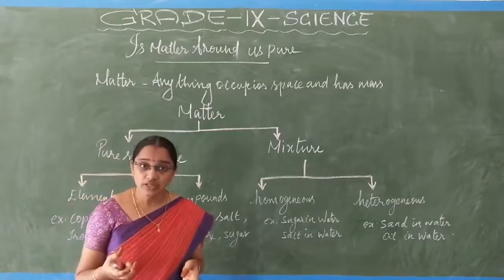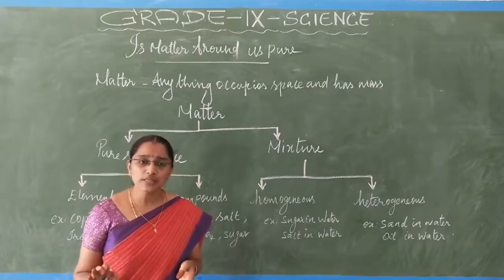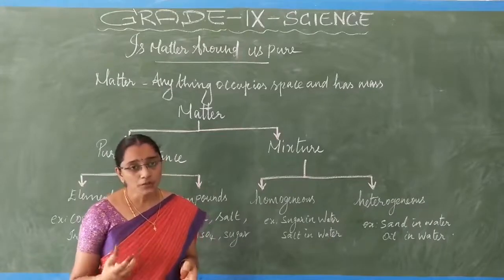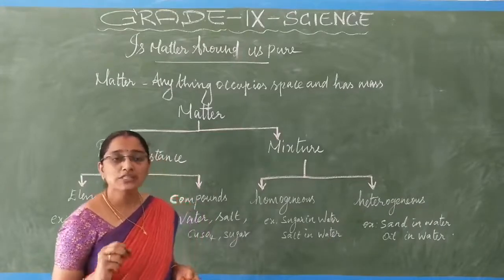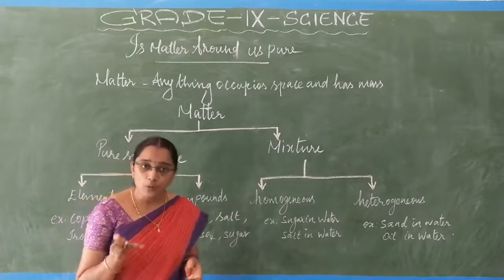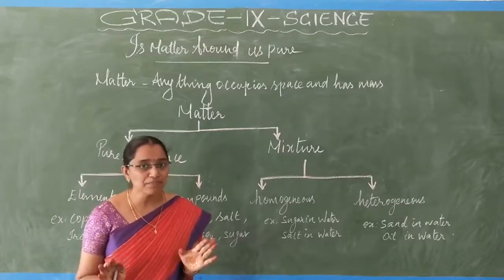The liquid we drink is definitely having some space and mass. And the air we breathe, all the components of air have some mass and occupy some space. So anything which occupies some space and has some mass, we may define it as matter.